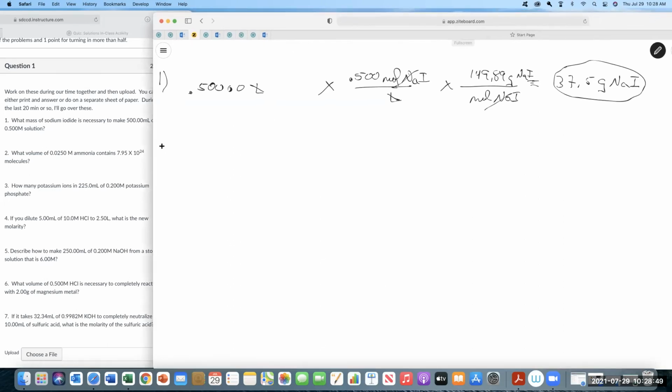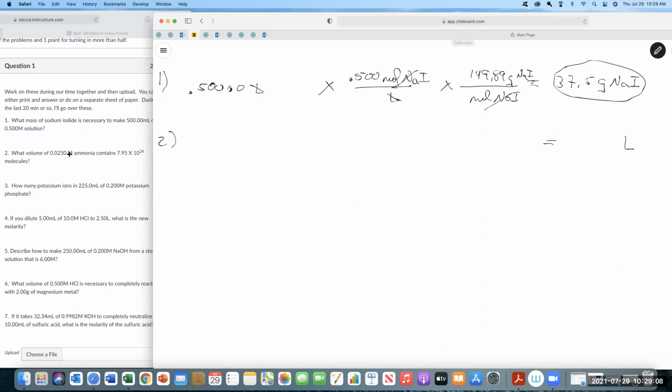All right, number two, again, you have two numbers to start the problem, so it's not obvious where to start. So that habit of always writing the units of the answer. We want volume, and we know molarity has liters in it, so let's go for liters.